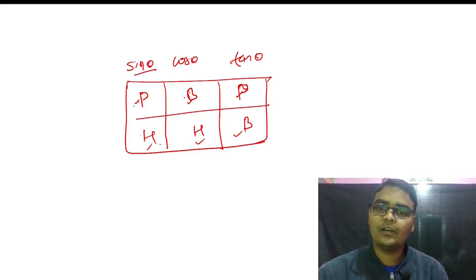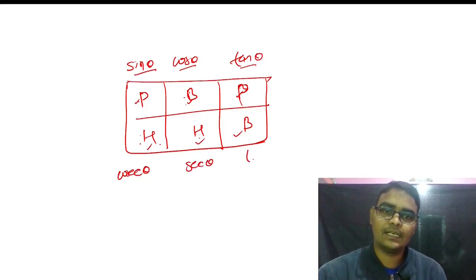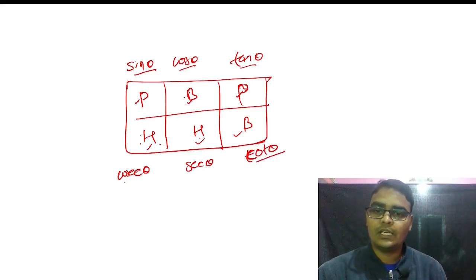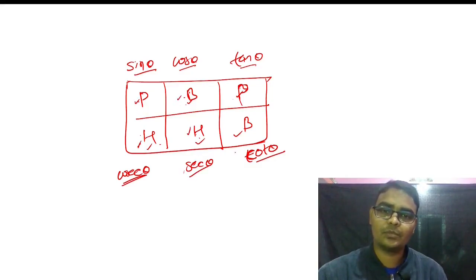Sin theta is perpendicular upon hypotenuse, cos theta is equal to base upon hypotenuse, and tan theta is equal to perpendicular upon base. We can write cosec theta, sec theta and cot theta. So cosec theta is nothing but hypotenuse upon perpendicular, sec theta is nothing but hypotenuse upon base, and cot theta is nothing but base upon perpendicular. This is the thing.